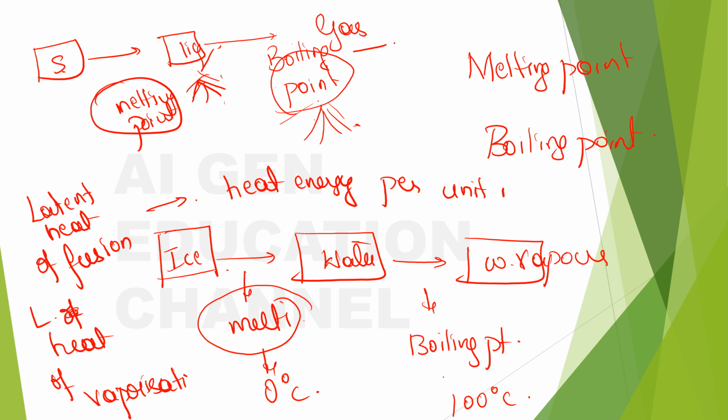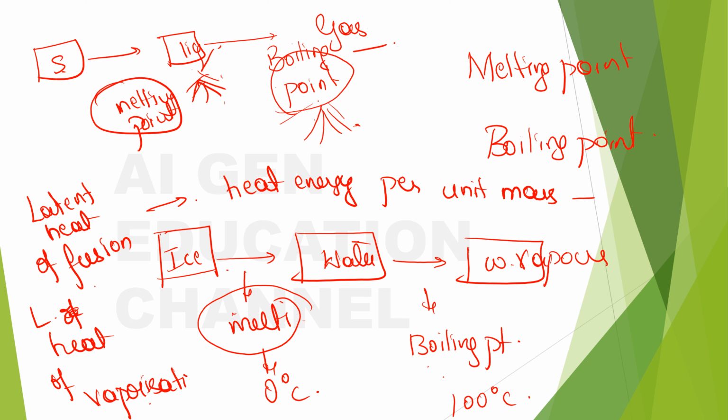Per unit mass that is required to change the state of a substance from solid to liquid at a particular temperature and pressure, right? So all this is not so much important, but one thing you have to remember is that latent heat of fusion is associated with melting point and latent heat of vaporization is associated with boiling point, right?